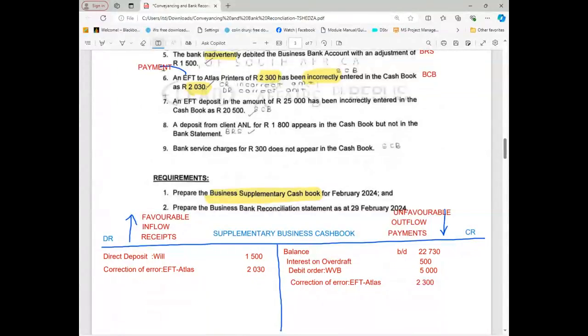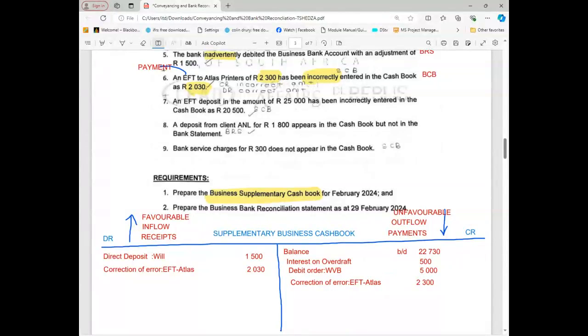You must know the difference between these two figures, and why we are coming here and why we are coming here. So with an error, we have to record it twice. We fix the correction on the favorable side, we take it back on the favorable, and then we take the correct amount out again on the unfavorable.